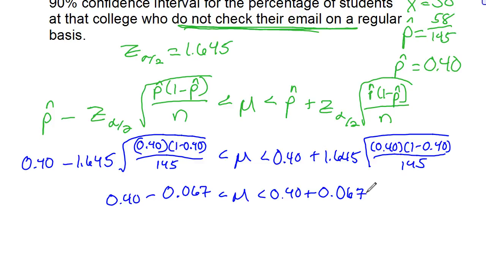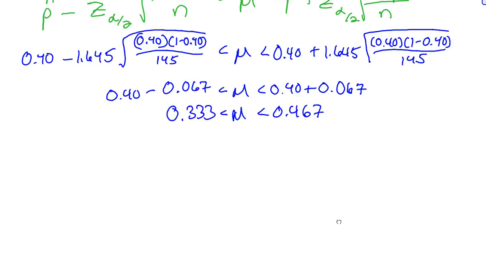And so when I add and subtract that from 0.40, I will get 0.333 and 0.467. And so with 90% confidence, the proportion of all students at the college who do not check their email regularly is between 0.333 and 0.467.